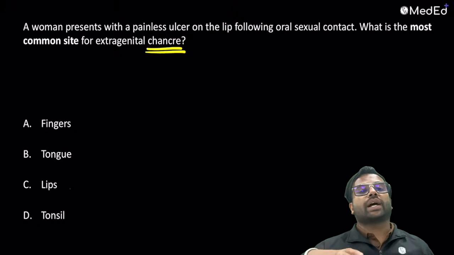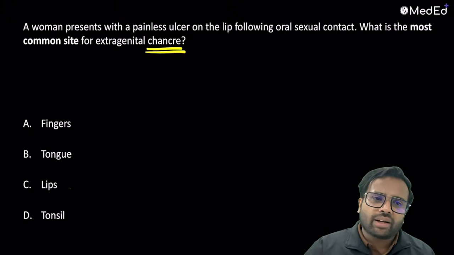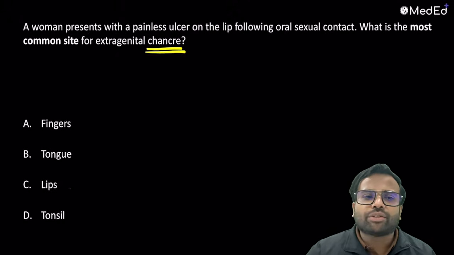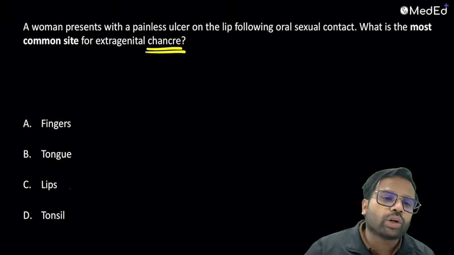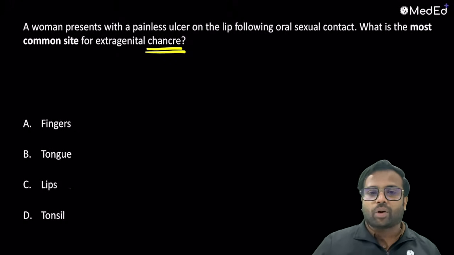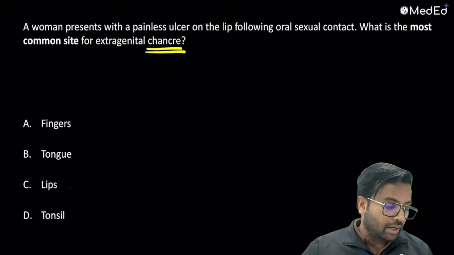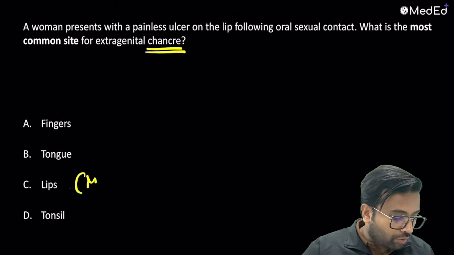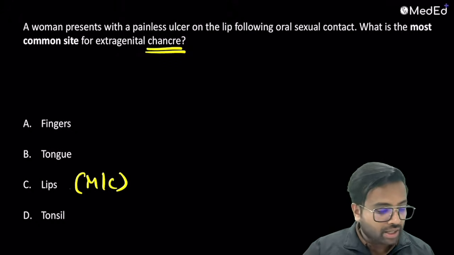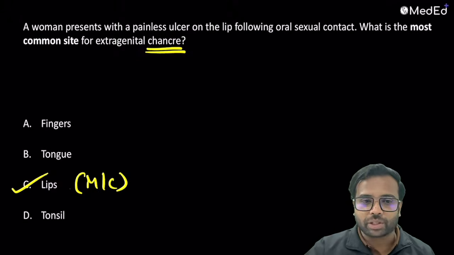But if a chancre should happen in a site other than the genitalia, what is the most common site? Is it the fingers, the tongue, the lips, or the tonsils? What's the right answer here? Anyone in the chat box? Yes, the most common site of an extragenital chancre is going to be the lips of the patient.